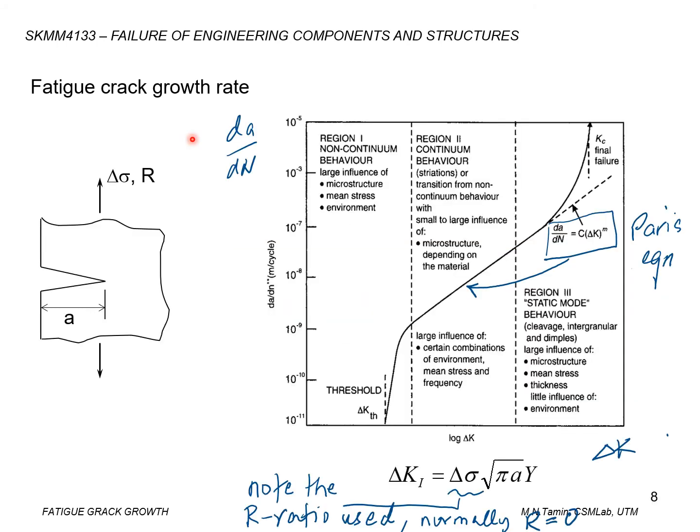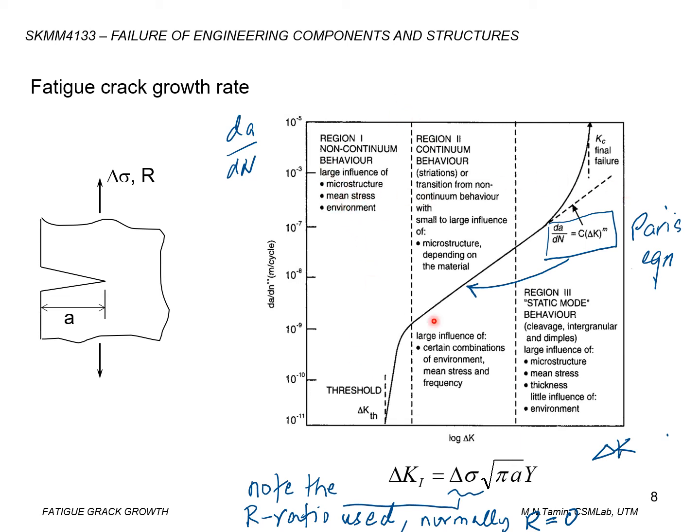This is a schematic for a fatigue crack growth rate curve. We plot da/dN in log-log scale, so we have the units of a in millimeter or meter per cycle. That's the crack growth rate per cycle in a log-log scale. Now, the curve can be divided into three regions.